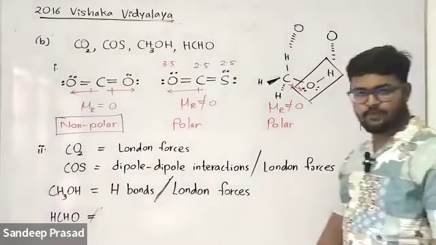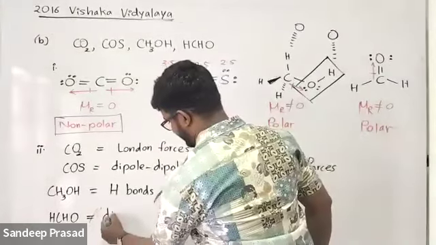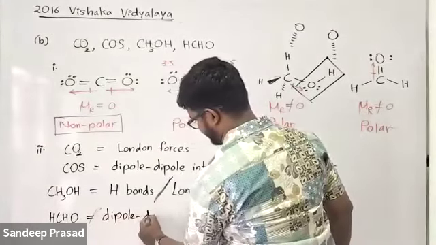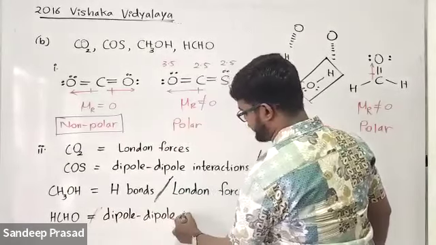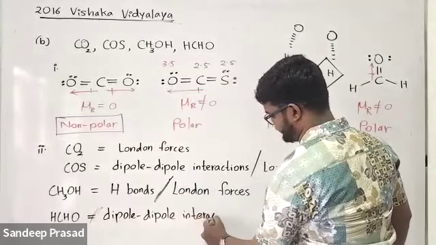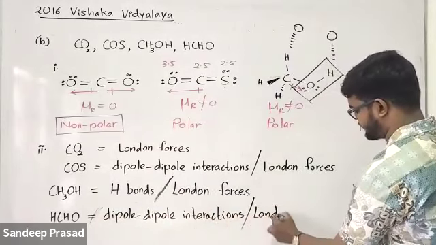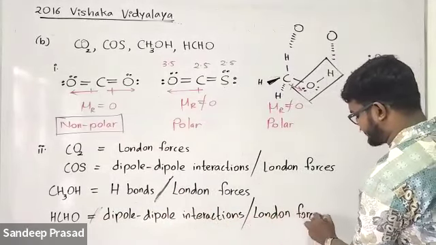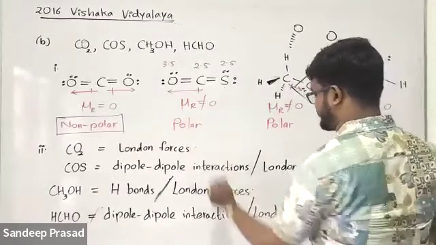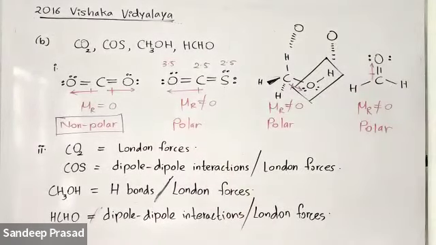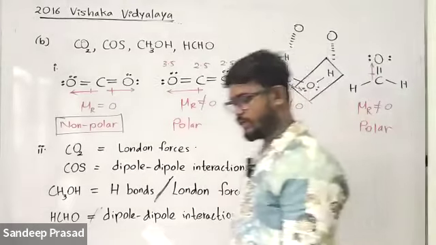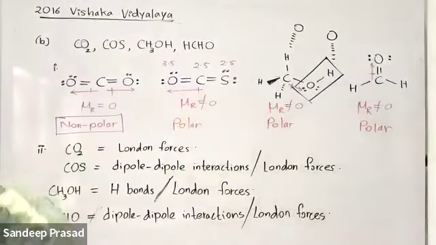But since it is a polar molecule, definitely dipole-dipole interactions exist. And London forces in addition to that. So these are the secondary interaction types that exist between the molecules. Molecular interactions. Okay, very easy.